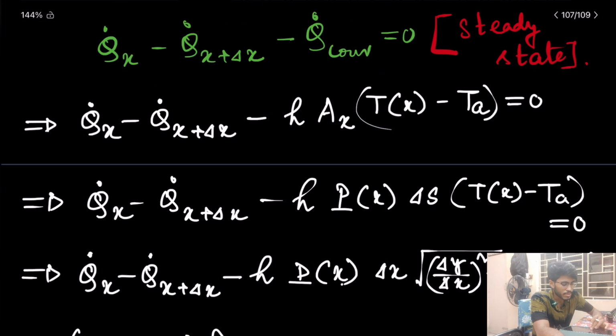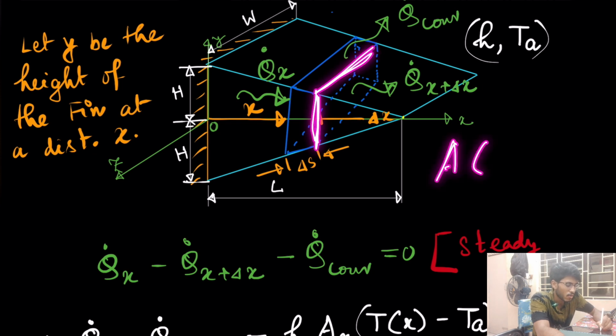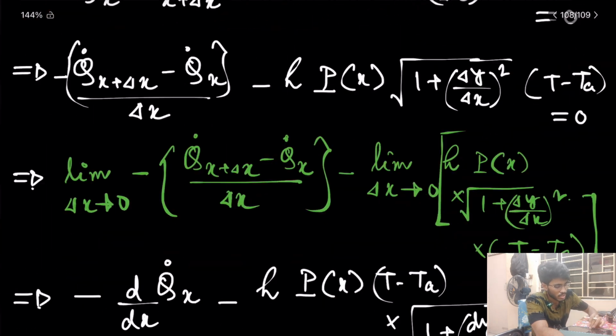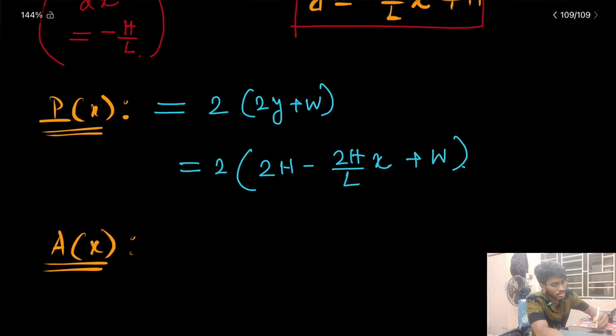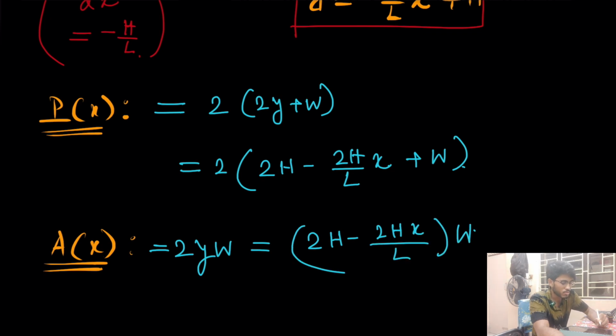So that area will be what? This, that is 2y into w. So area of x, that will be 2y into w. Clear? See, we have found all the functions. So this is 2yw, and that will be (2H minus 2Hx by L) into w.